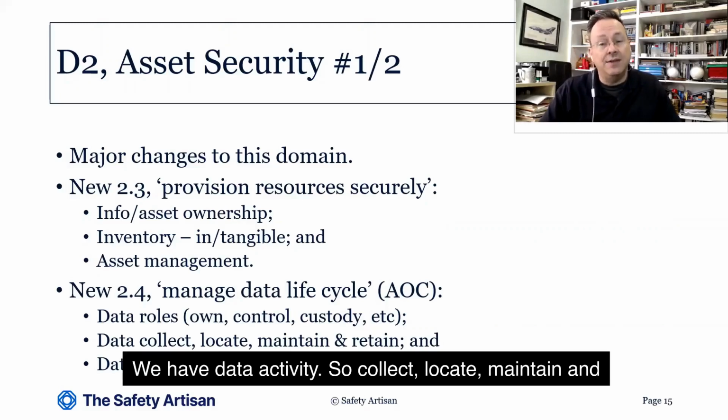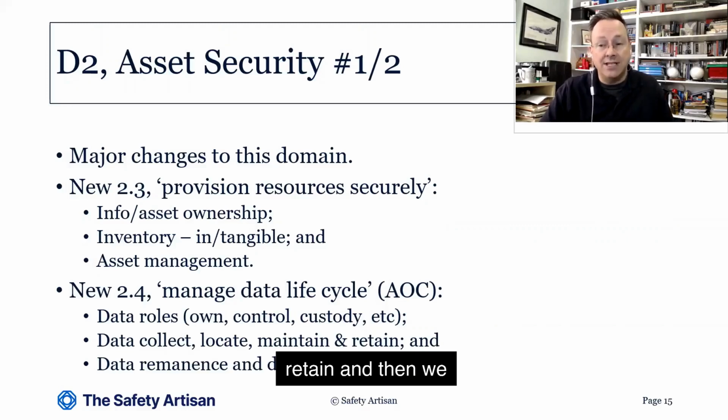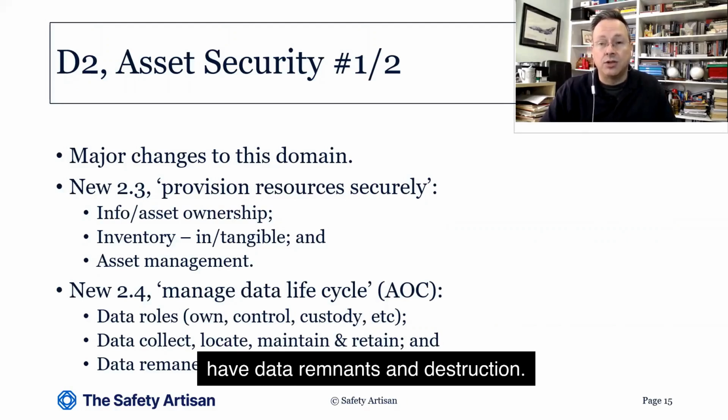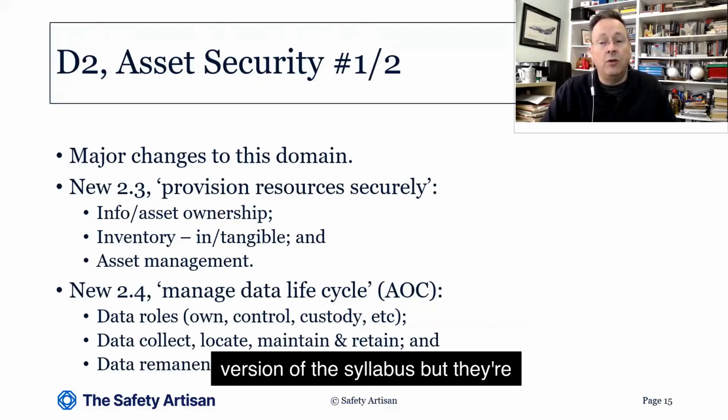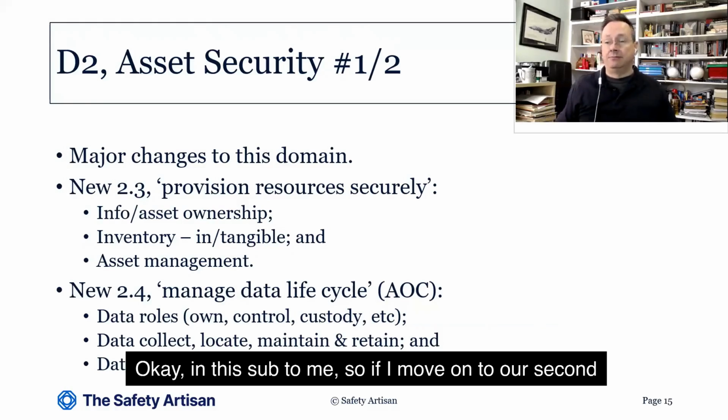We have data activities, so collect, locate, maintain, and retain. And then we have data remnants and destruction. And again, all of these subjects were in the previous version of the syllabus, but they're spelt out a bit better now, okay, in this subdomain.